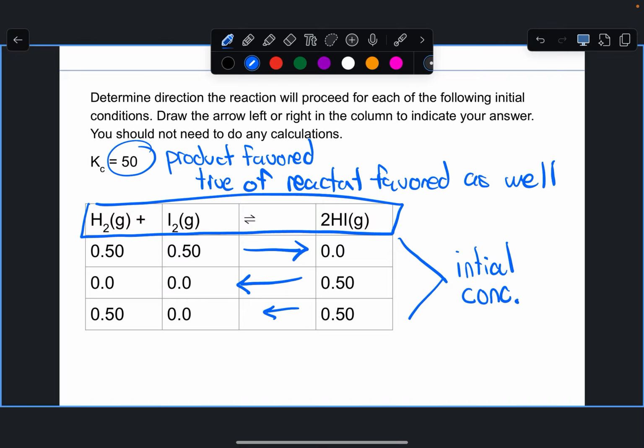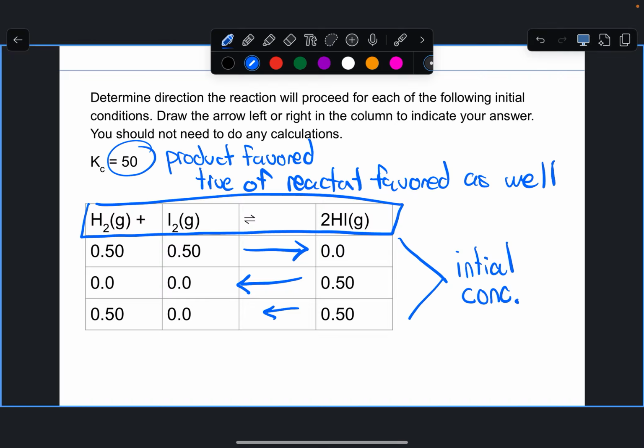Keep in mind that even though we're talking about these reacting both ways, we still always think of this as products and this as reactants. Even though, like in this example, we're saying this reacts to form that, we don't start calling that products. Always consider the thing on the left to be reactants and the thing on the right to be products.